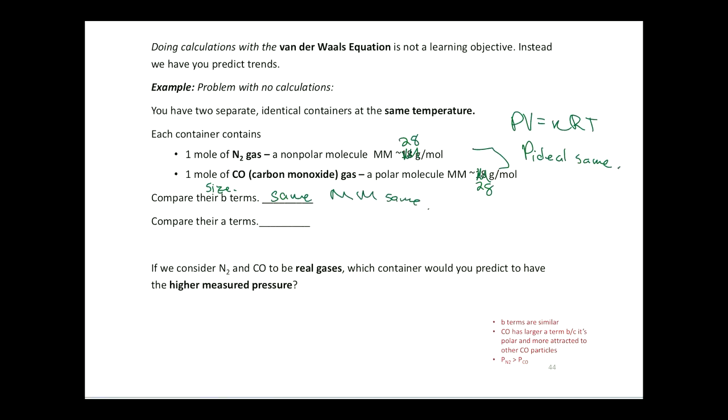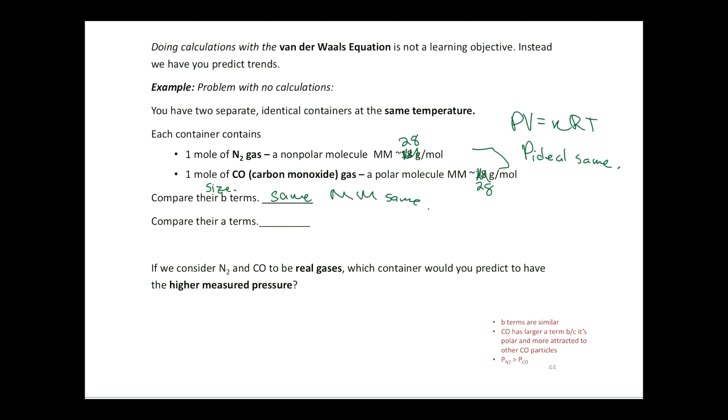Okay. So let's compare their A terms now. A stands for what? Attractions, yeah. So let's look at the other piece of information I gave. I gave that nitrogen is a nonpolar molecule, but carbon monoxide is a polar molecule. So just based upon that, which molecule do you think is going to have the larger A term?